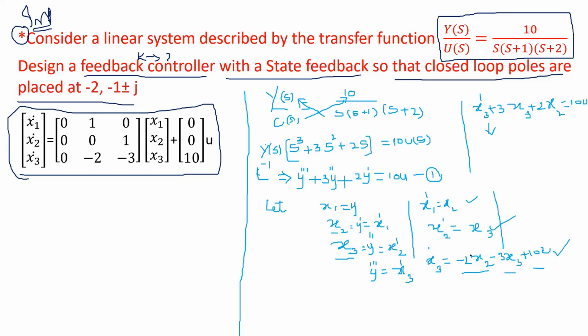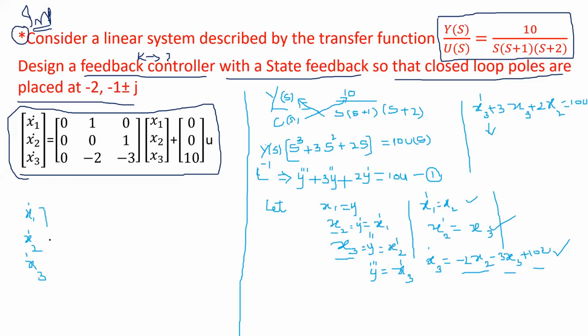Arrange these equations in matrix form, that is x1 dash, x2 dash, x3 dash in matrix form. I'm going to write over here: this is x1 dash, the first one, the next one is x2 dash, and the next one is x3 dash.